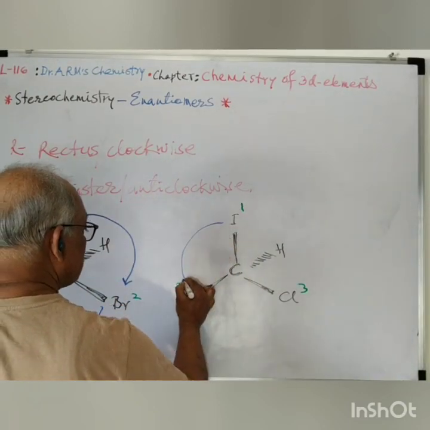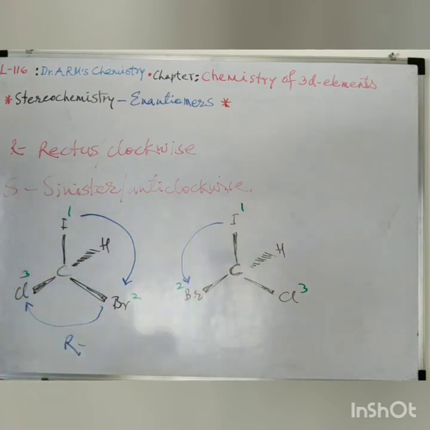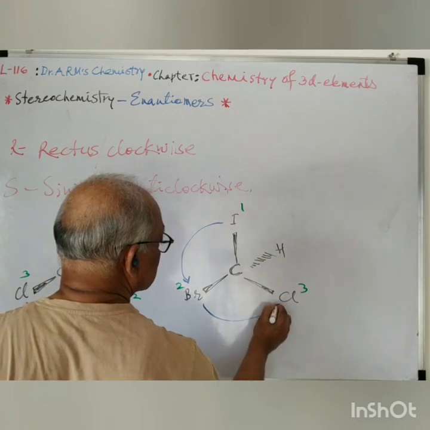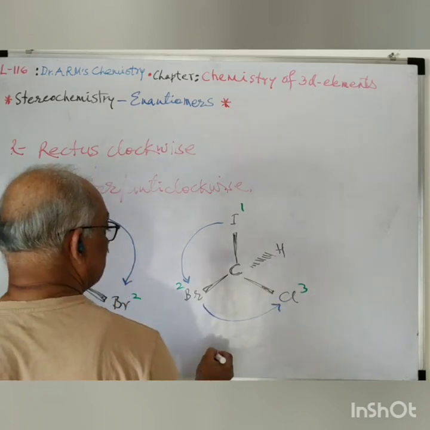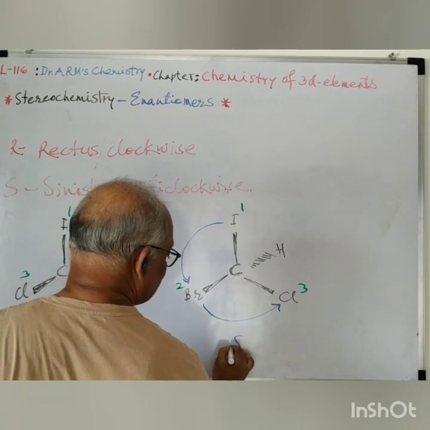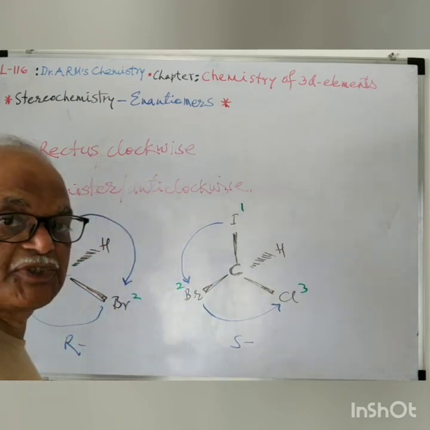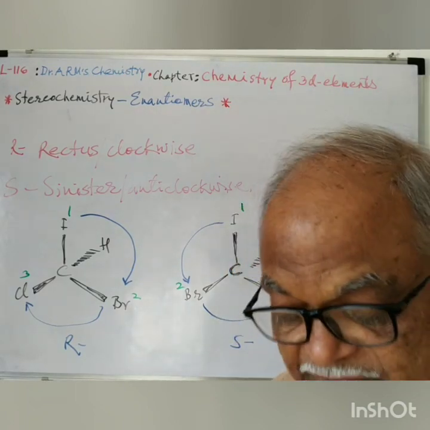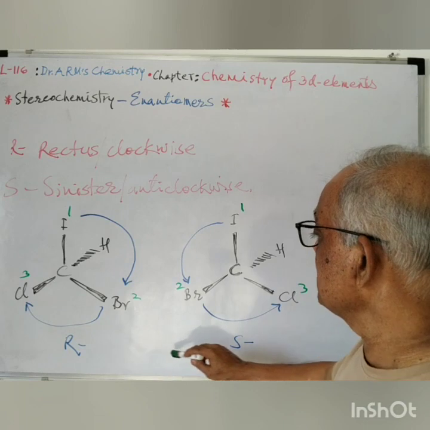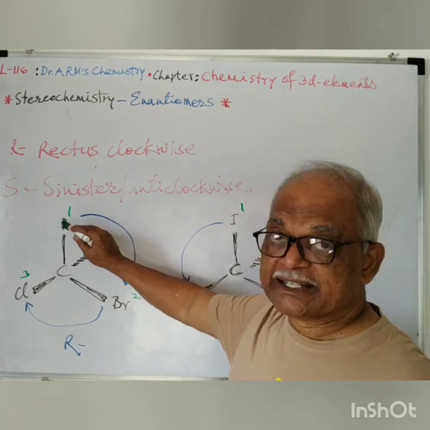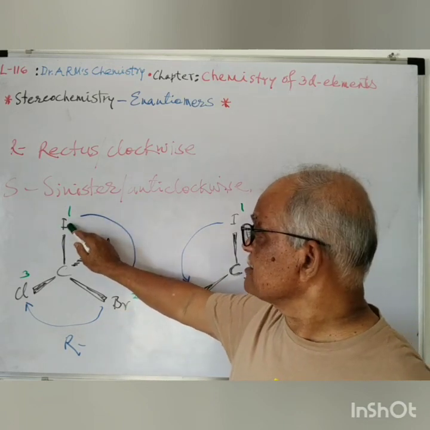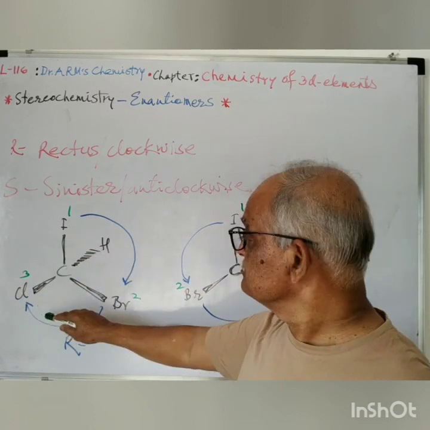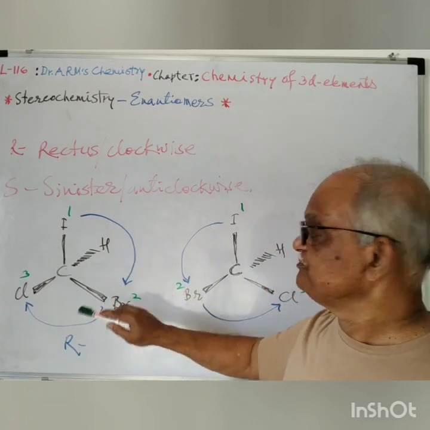So we are moving in this direction, that is anti-clockwise direction, and therefore this has sinister or S structure or S isomer. So this is R isomer because the priority order we have to remember: highest atomic number, next to this is bromine, next is chlorine, and this is lowest.